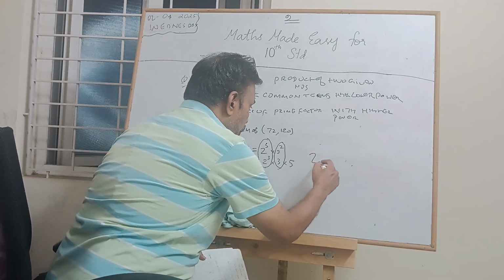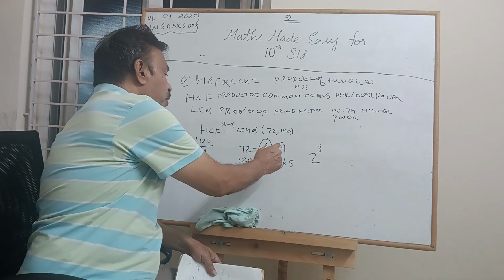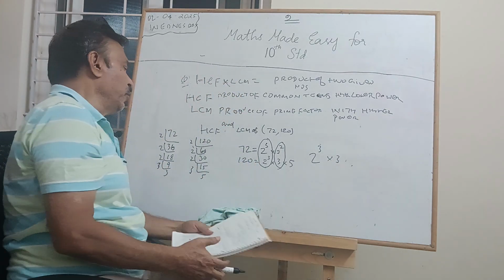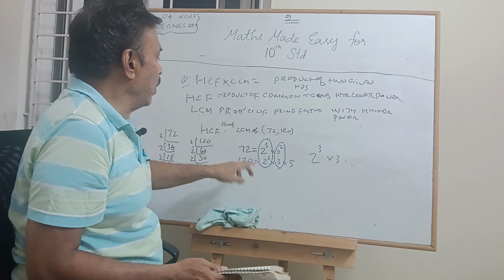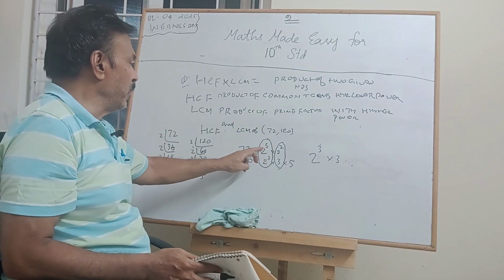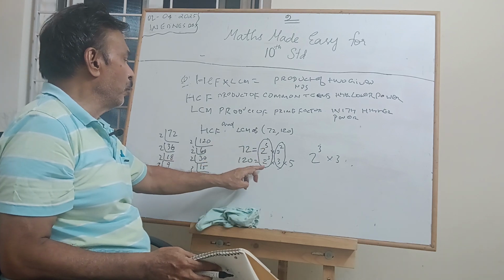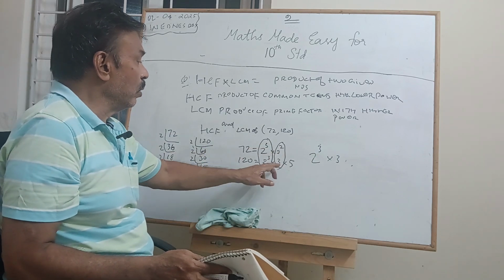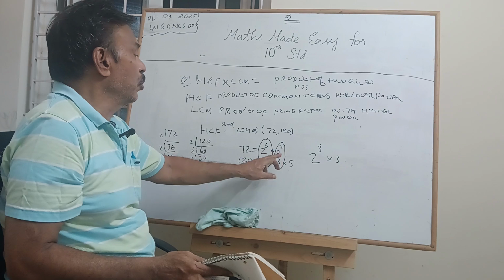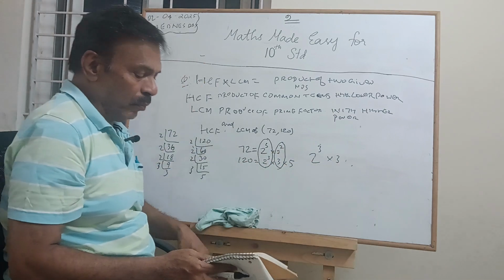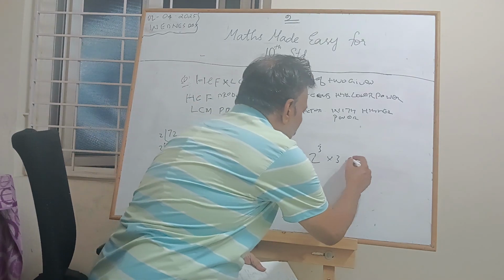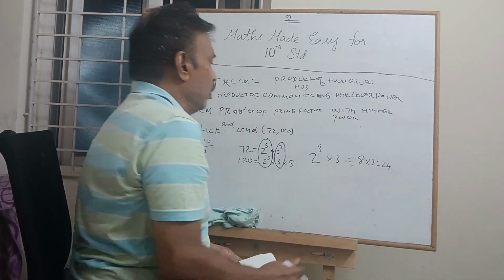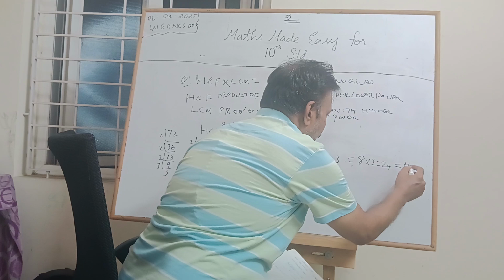So you have to take 2 to the power 3. For 3, the lowest power is 3 itself. Here 3 and 3 squared are common, but you should take the least power. You got my point now. Now this is 8 into 3 equal to 24. So this is called the HCF.